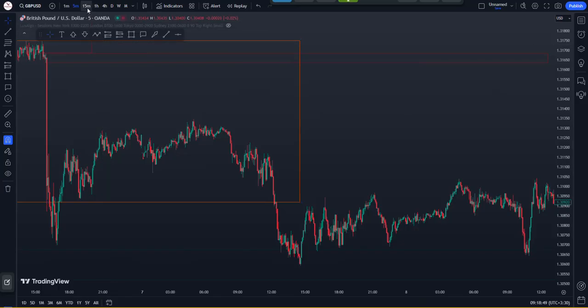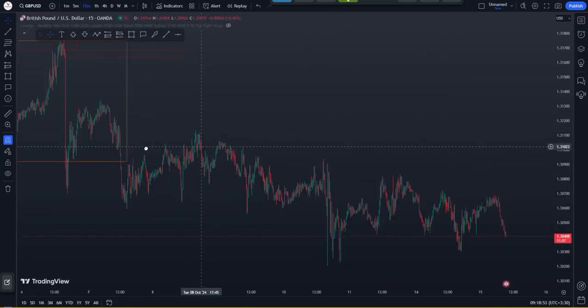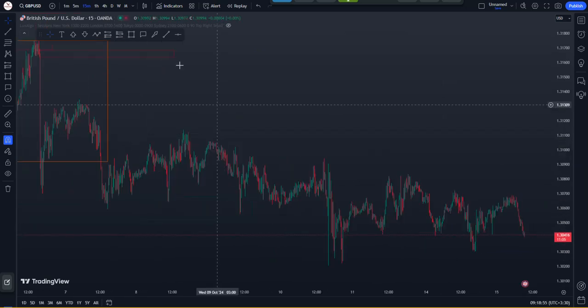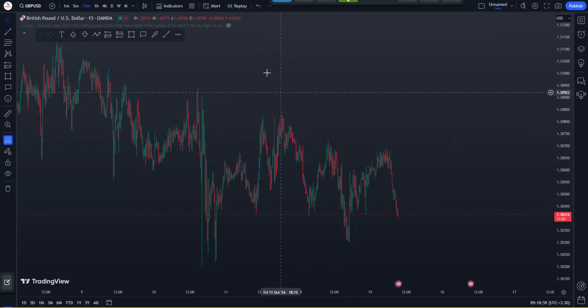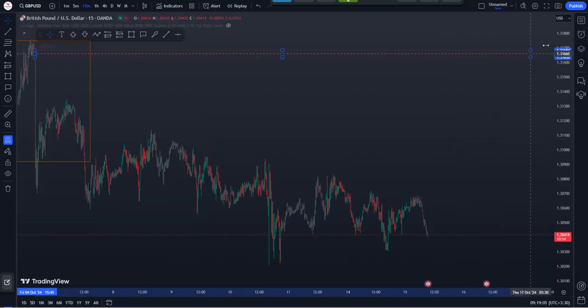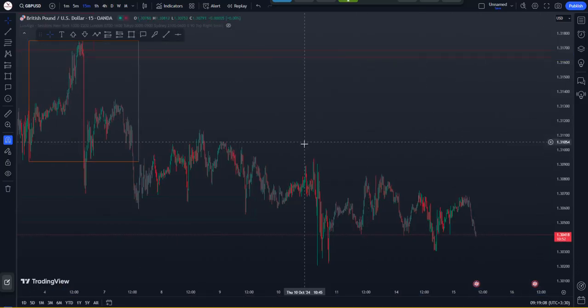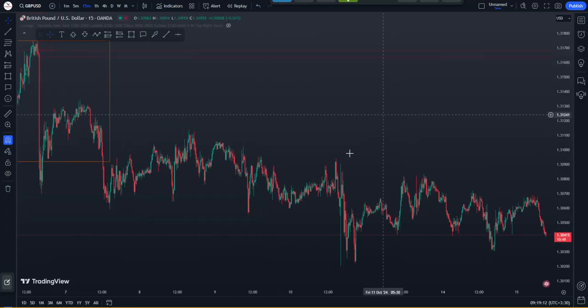So in Great Britain pound, what can we do with that? Okay, this is 15 minutes, and we can see these movements of price here.